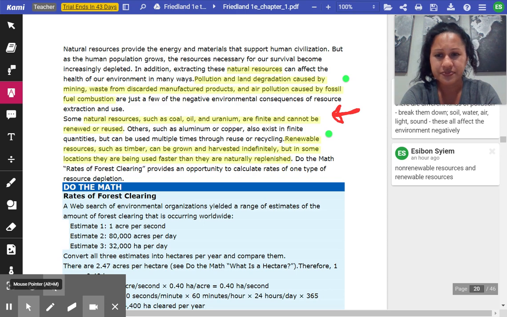Other ones can be recycled, hence why recycling is really important. And then there are renewable resources such as trees and lumber. You can keep growing them and harvesting them and then growing some more. However, you have to grow enough of that resource to keep supplying them.